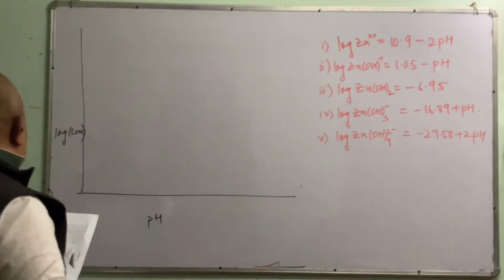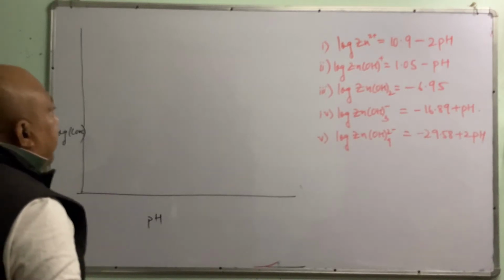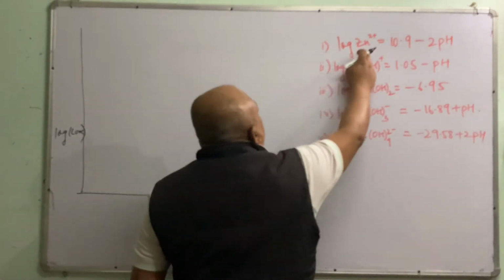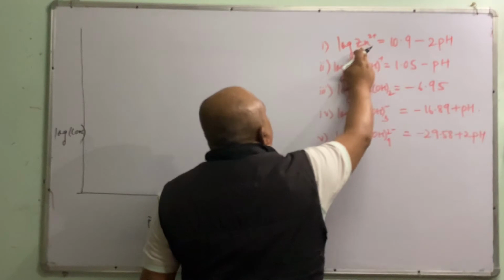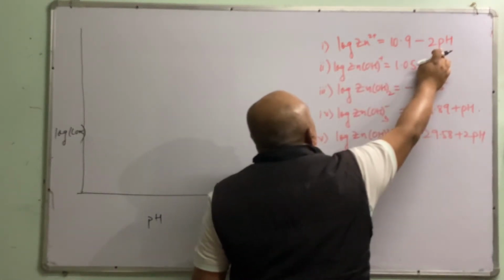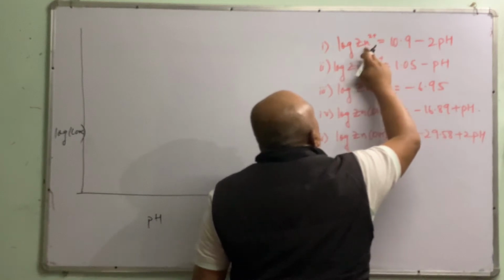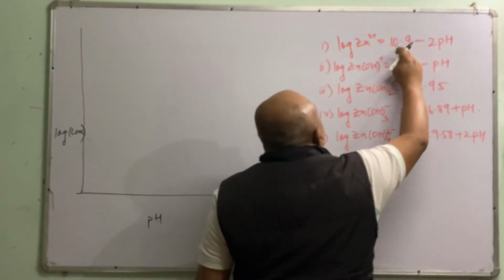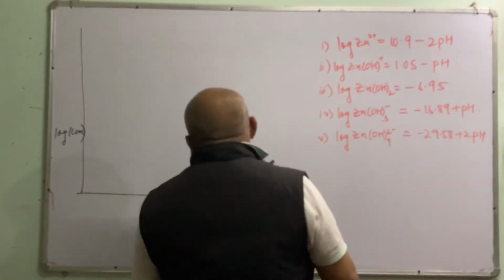Say for example, you have to find the graph of log of Zn. If pH is equal to 1, log of Zn will be 10.9 minus 2, right?